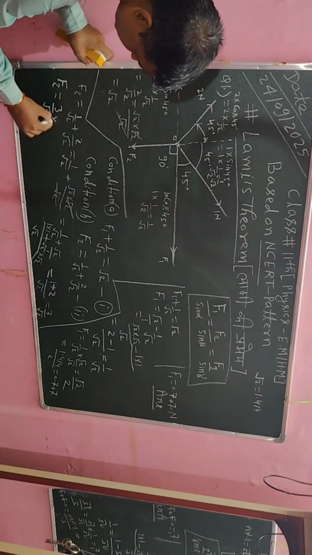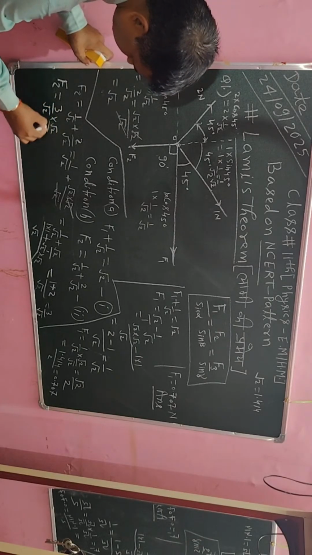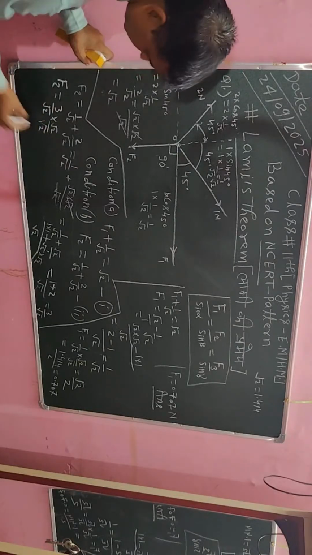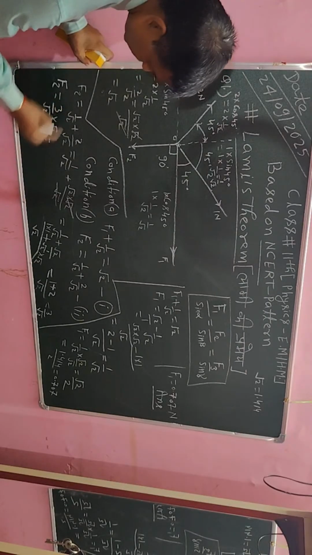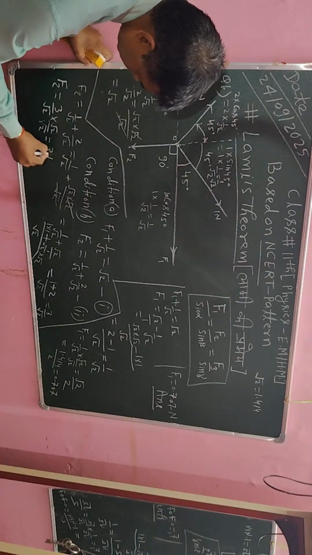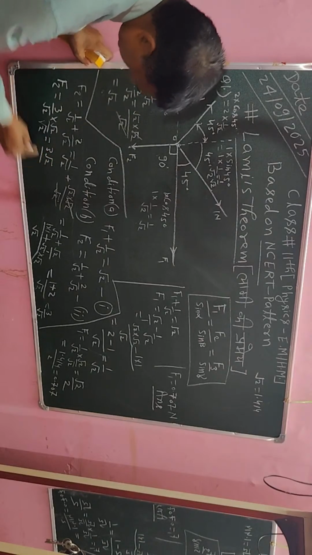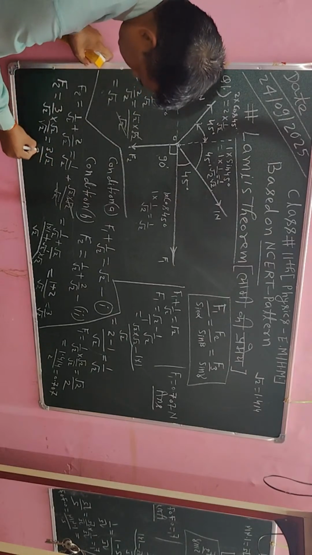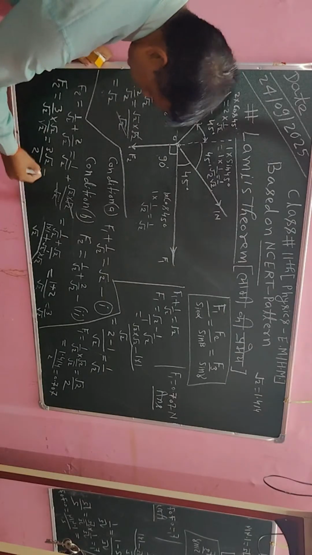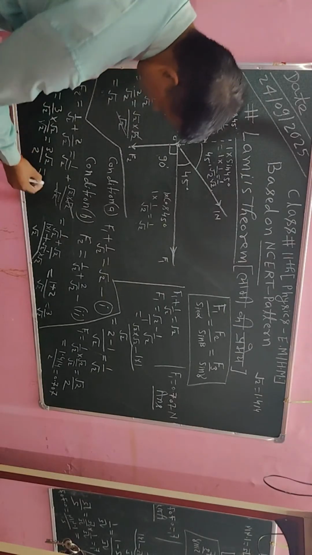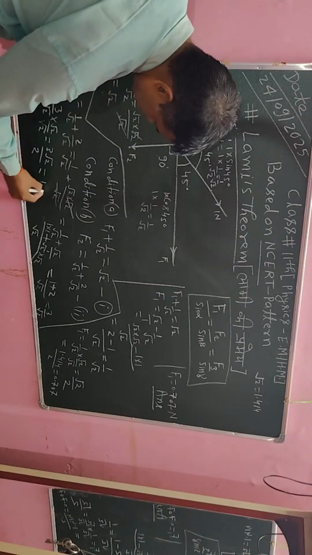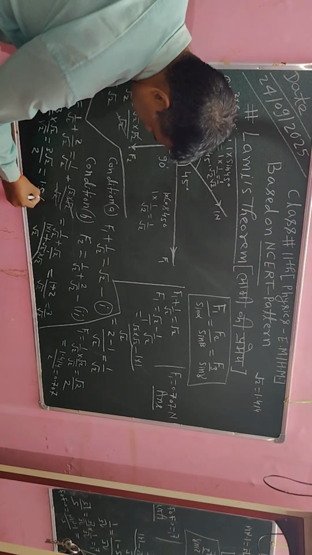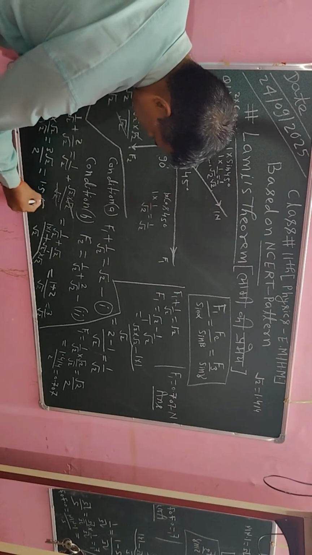So I will multiply by root 2 divided by root 2. If I multiply, here in the numerator I have to write 3 root 2, divided by root 2 into root 2, that will be 2. Now 3 divided by 2 will be 1.5, and that 1.5 into root 2 I have to write here.